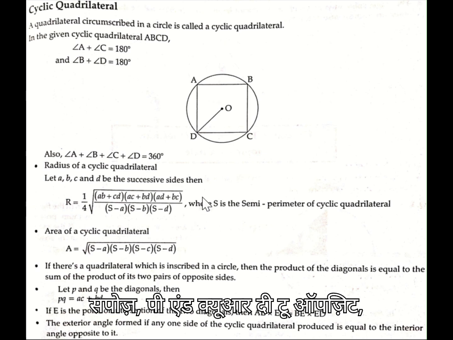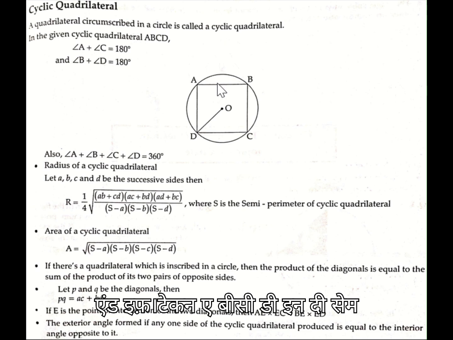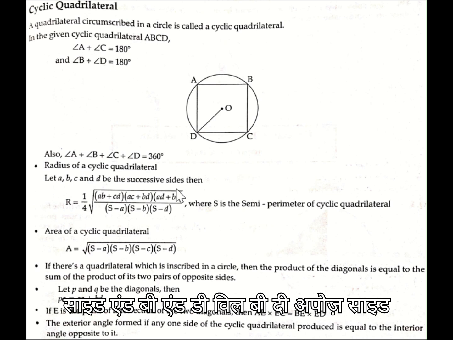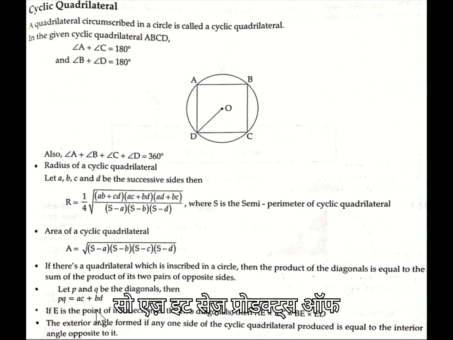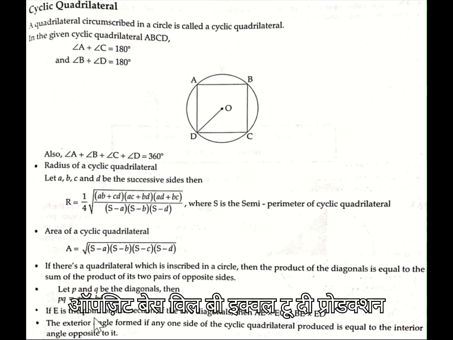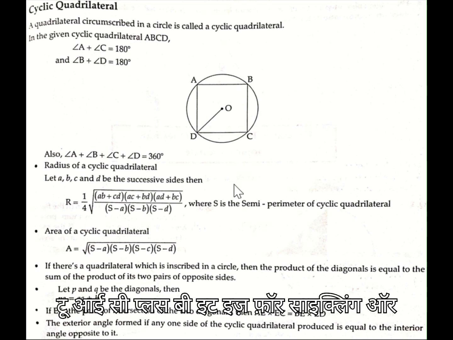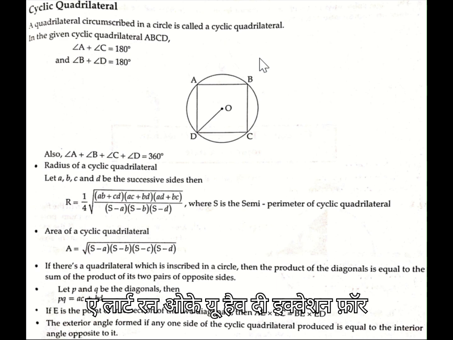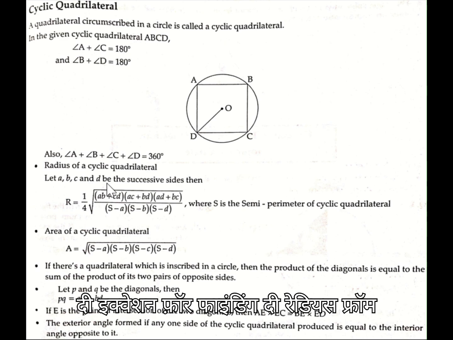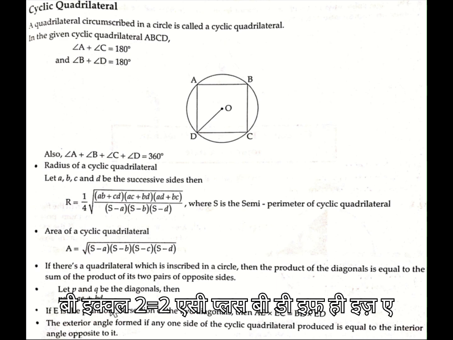Suppose p and q are the two diagonals of the cyclic quadrilateral, and a, b, c, d are taken in the same order, of course a and c will be opposite sides, and b and d will be opposite sides. So the sum of the products of the opposite pairs will be equal to the product of the diagonals: pq equals ac plus bd. This is for a cyclic quadrilateral. Okay, we have the equation for area, the equation for the radius of the cyclic quadrilateral, and this one, pq equals ac plus bd.